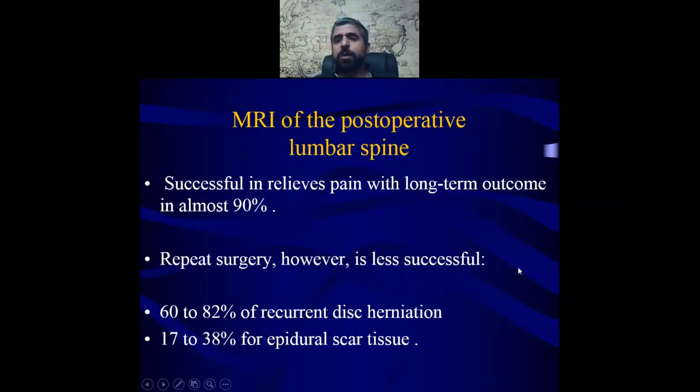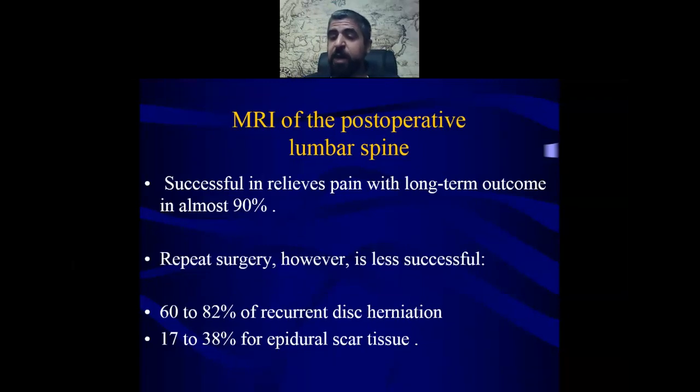Regarding the post-operative lumbar spine, if the patient has a surgery in the lumbar spine and we are doing an MRI post-operatively, first we should know that the surgery is successful in relieving the pain, with long-term outcome in almost 90%. So 90% of the patients will improve after the surgery.